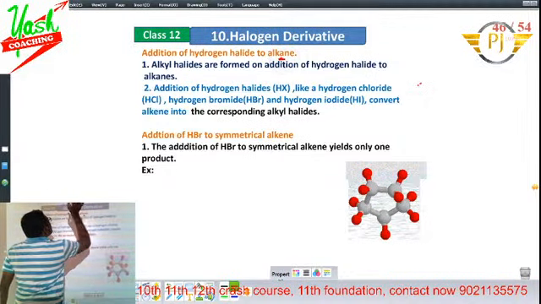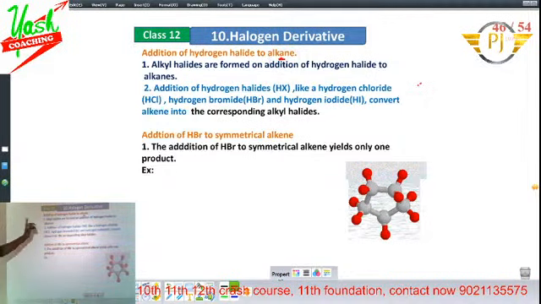This is the alkene. Alkyl halides are formed by the addition of hydrogen halides to alkenes, which means to the carbon-carbon double bond.